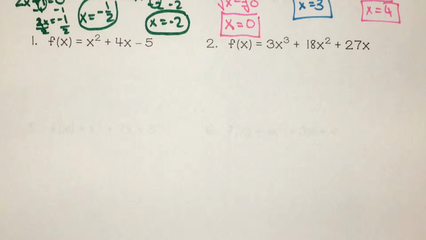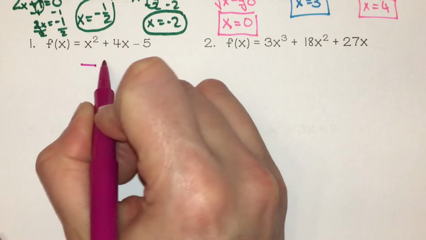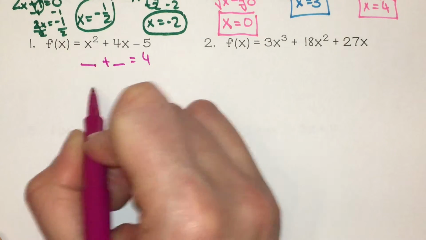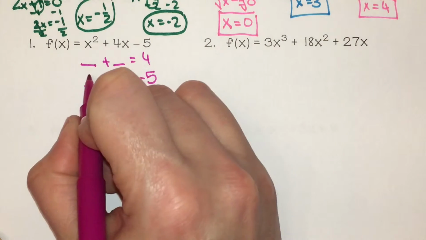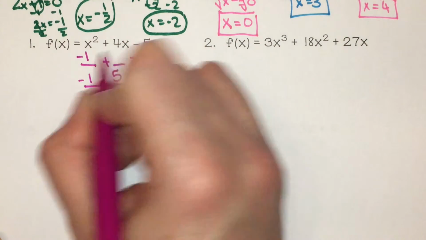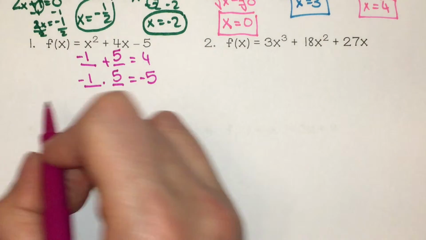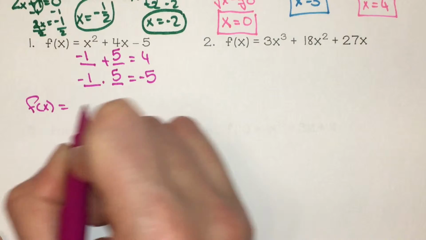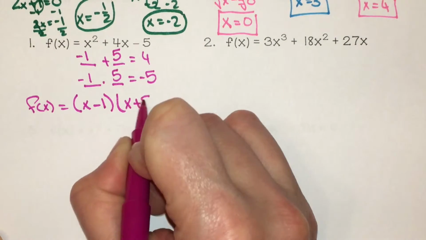All right, so this first one, I know that I need to figure out what to add together to equal 4, multiply together to equal -5, which is -1 times 5 gives me -5. -1 plus 5 is +4. So f of x is equal to x minus 1 times x plus 5.